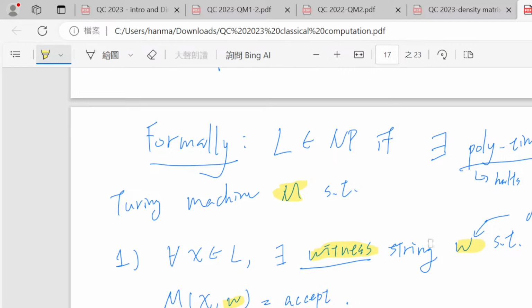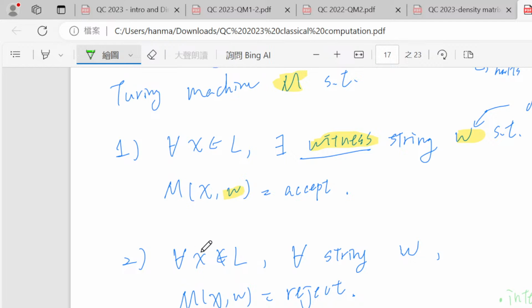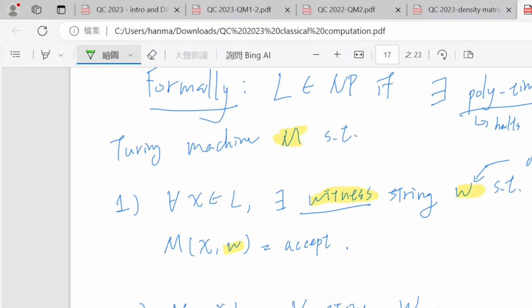And the other way around, if x is not inside L, then you cannot trick the machine to accept. Whatever string w you feed into the machine along with x, this verifier will reject.